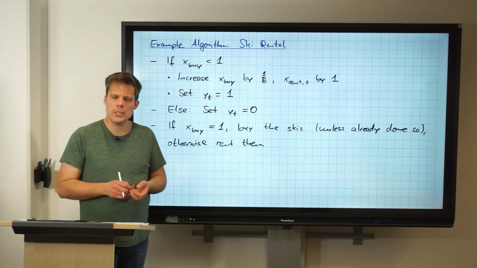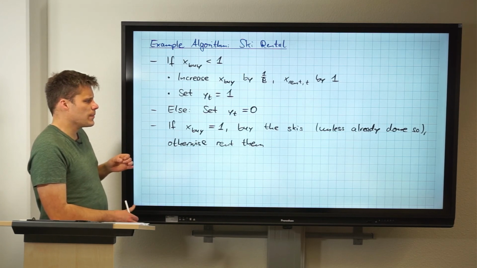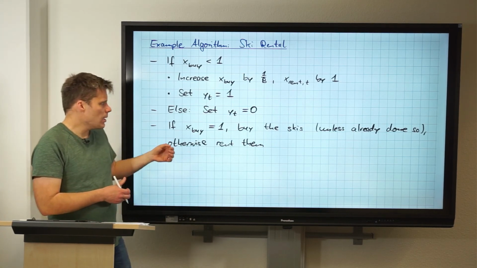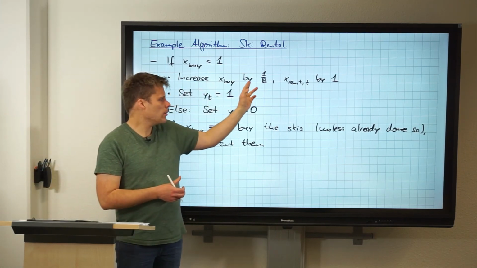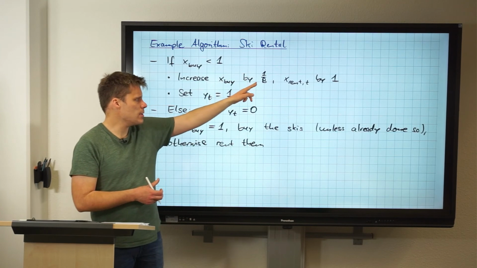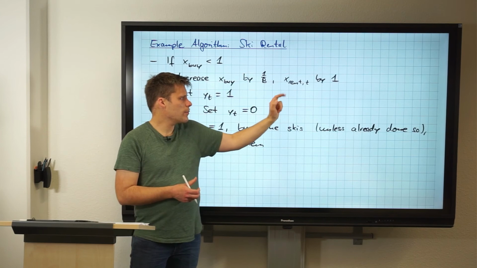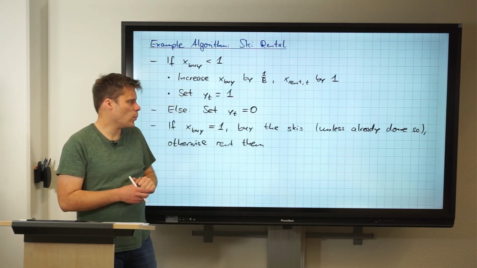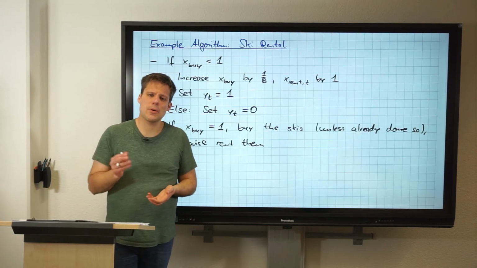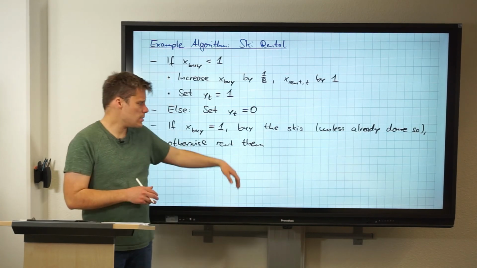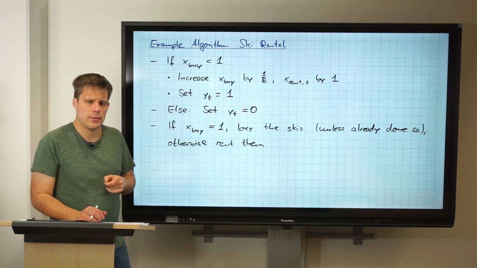And what you will realize is that this is more or less the algorithm that we discussed. Namely, the first b-1 steps, you will always do this here. You will always increase x buy by 1 over b and x rent t by 1. But there, always this x buy will be smaller than 1, which means we are not yet buying the skis.